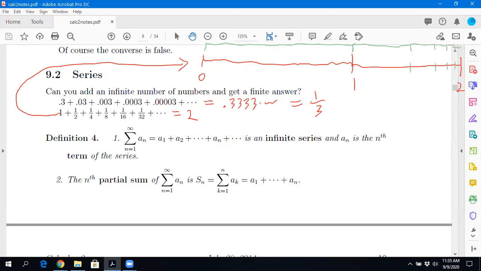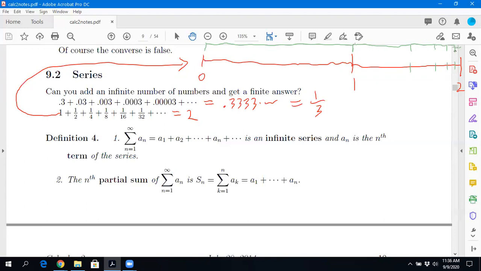It won't ever reach it, but it will reach it in the limit. It's kind of like how a sequence never actually reaches, like that one we did up there, 4n over n plus 1. That never actually reaches 4, but it gets arbitrarily close to 4 the further out we go. Does that make sense?